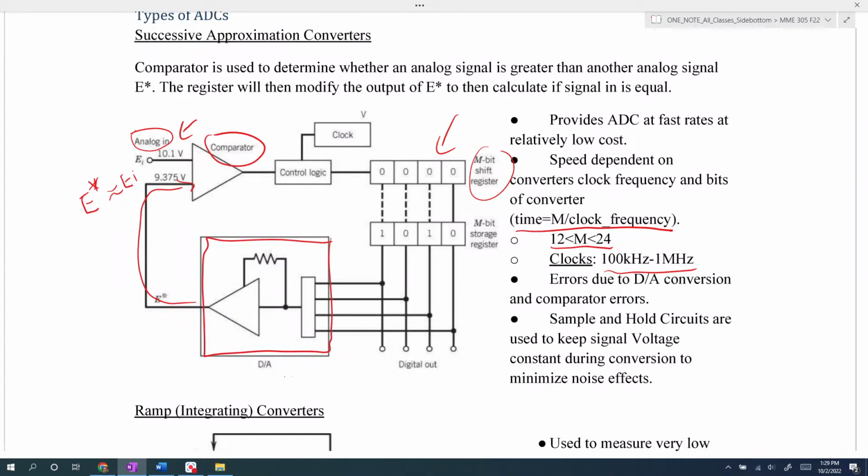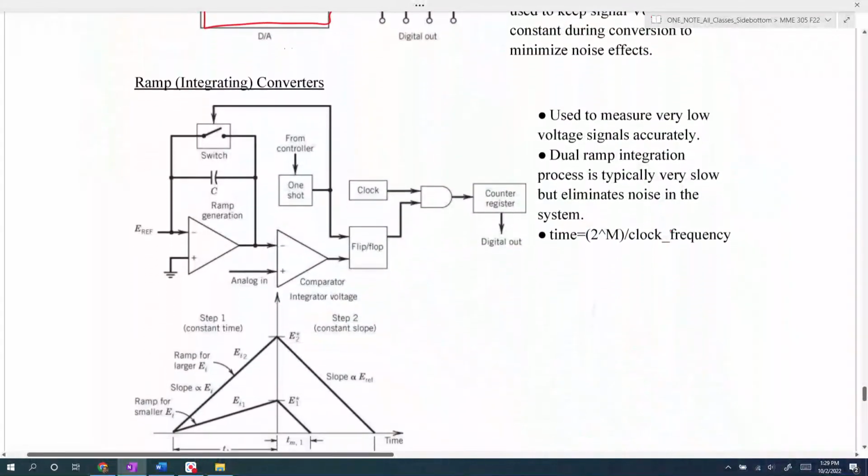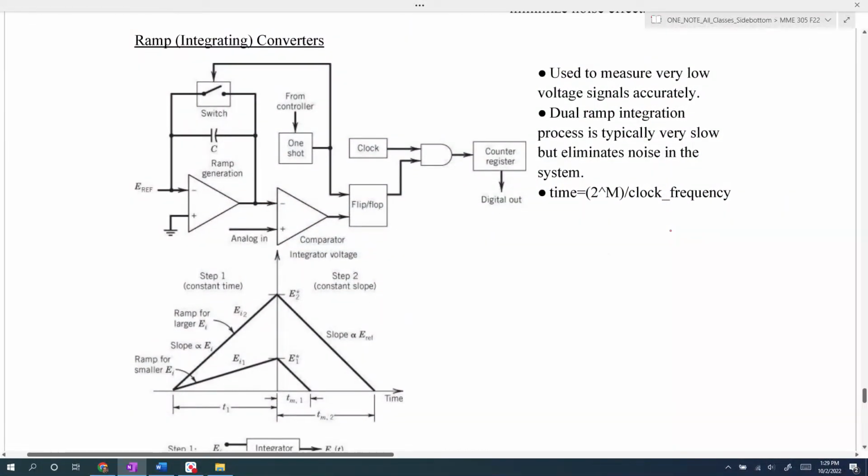The second type of converter is the ramp integrating converter, and it is typically used for very low voltage measurement signals. The nice thing is that even though it's a slow process, because of the way the system works, it eliminates noise.